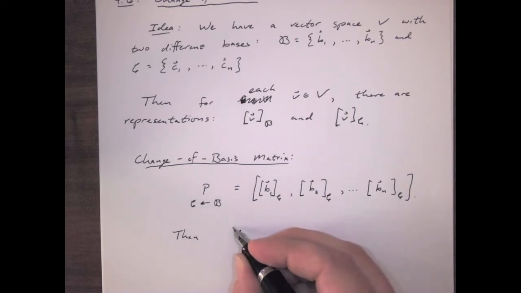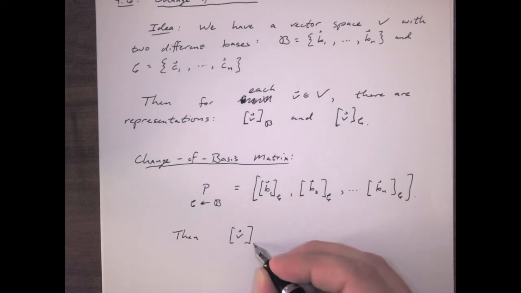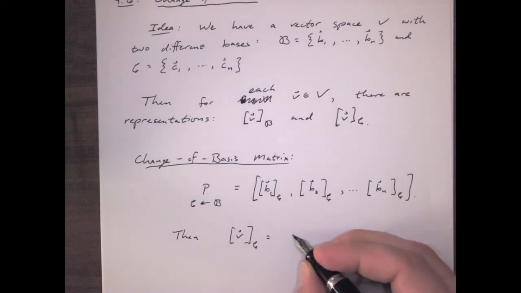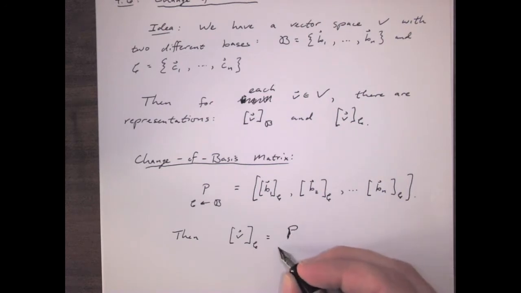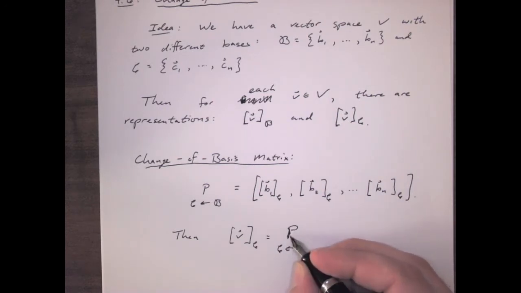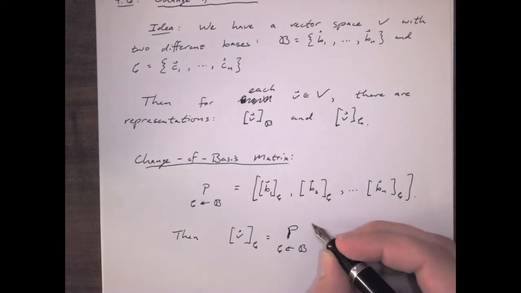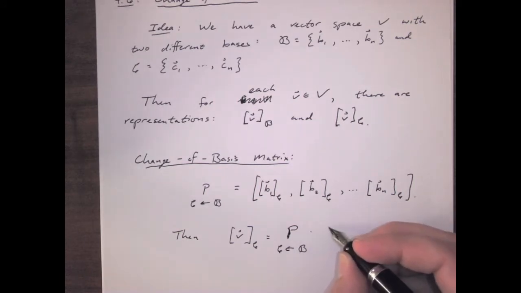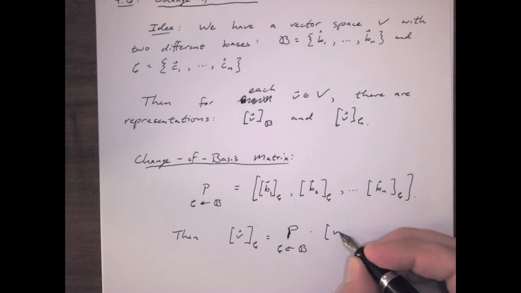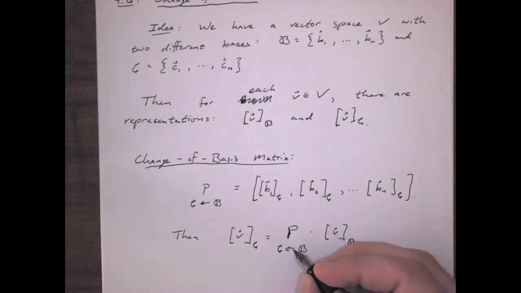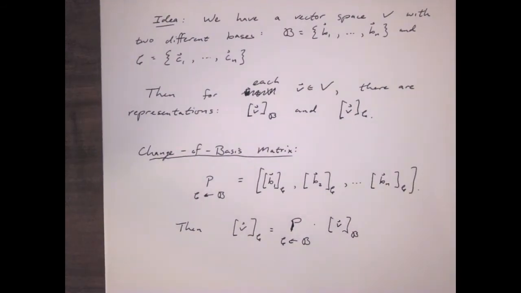So then v with respect to C will just be this matrix that we just found, P from B to C, again written this way, times the vector v with respect to B. Now this is part of the reason why the notation is written this way.